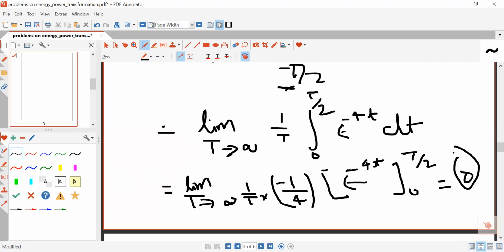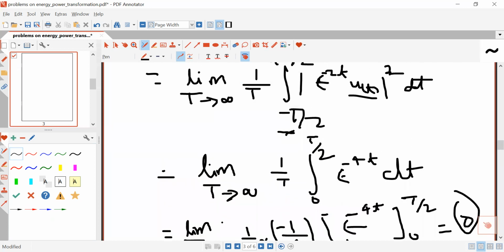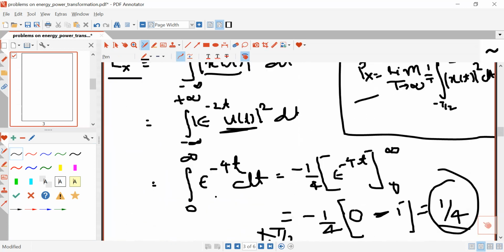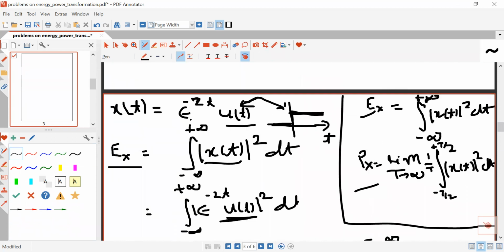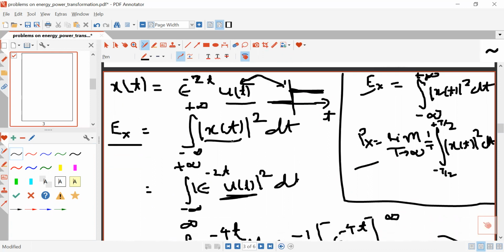So the signal x(t) equal to e to the power minus 2t u(t) has a definite value of energy, and the value is 1 by 4, but zero value of power. And this is also the definition of an energy signal, because a signal can be an energy signal if its energy has a definite value and power has zero value. So the signal is an energy signal.